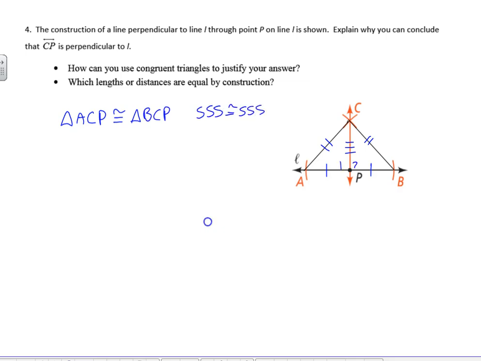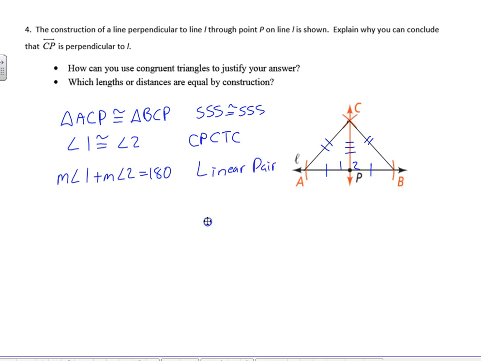Now what happens then is angles 1 and 2 have to be congruent to each other by CPCTC. We also know that the measure of angle 1 plus the measure of angle 2 has to equal 180 because they're a linear pair.